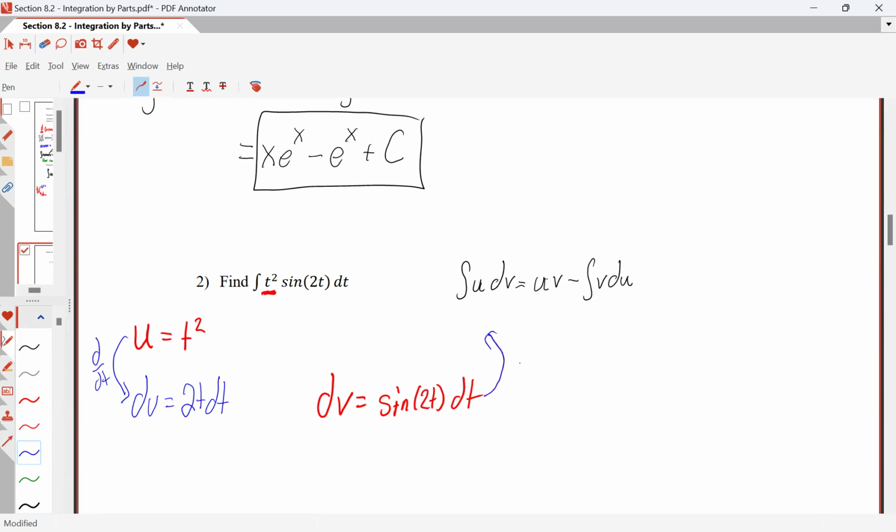Take the integral of dv, and the integral of dv is negative 1/2 cosine 2t.